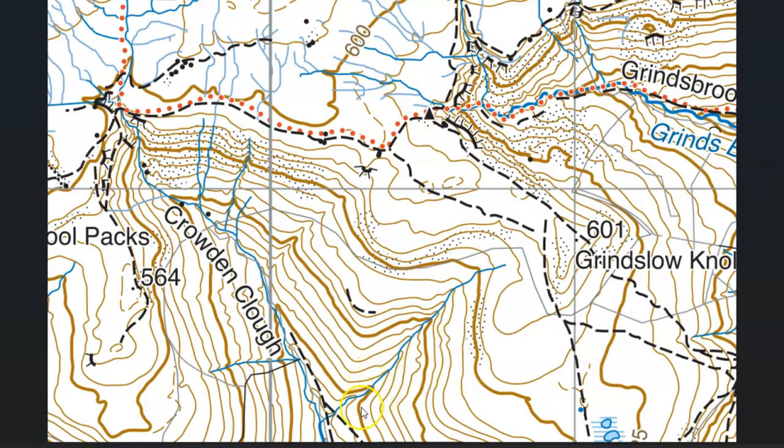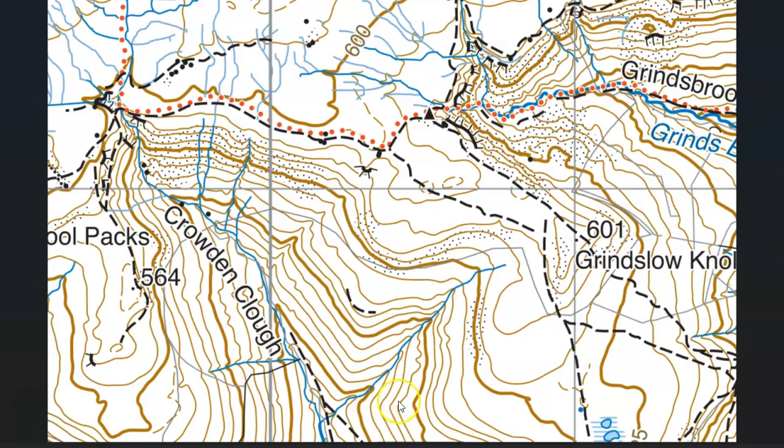Well, it starts off quite close together, but look, as we go upstream, this contour line here, the bold one, is the 450 metre contour. And look, from 450 metres there, you've got to go all the way across to there before you get to 450 metres again. Very wide here.